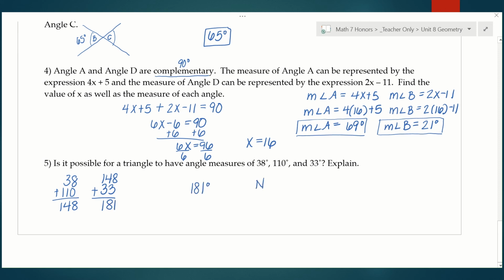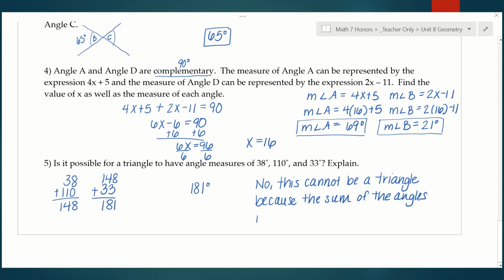So we would say, no, this cannot be a triangle because the sum of the angles is more than 180 degrees. Even though it's only a degree off, it's just not possible.